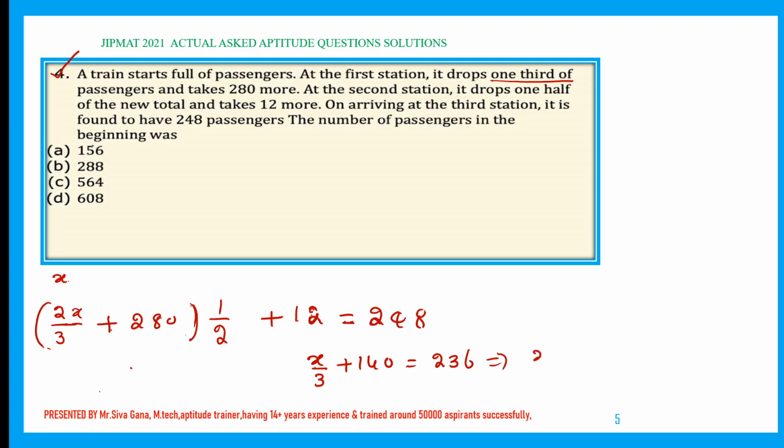Now x by 3, x is equal to 236 minus 140, which is nothing but 96. 96 into 3, nothing but 288. So initially how many passengers in the train? 288. Similar model we can expect in upcoming TCS also, my dear aspirants.